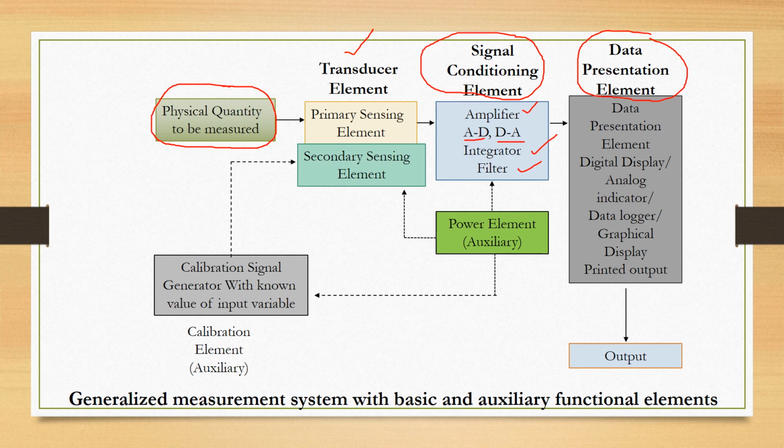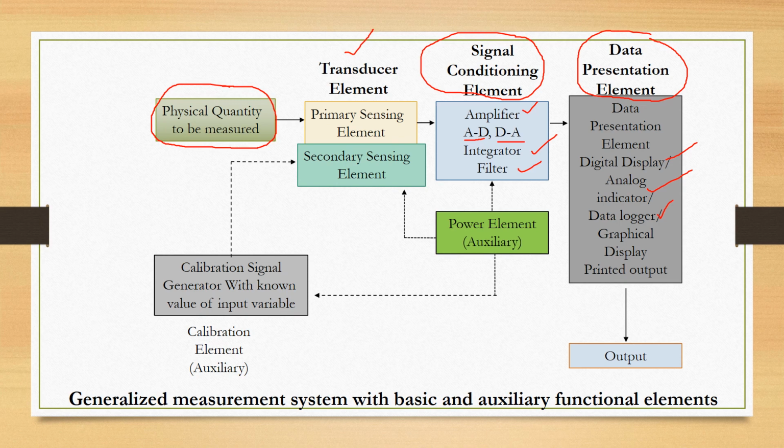So for presenting the data, we can have some digital display, some analog indicator like pointer and scale arrangement. Then we can have a data logger which can store the data, because sometimes a lot of data is coming and it is not possible to view all of it. In that case, we can store the data and view it later on.